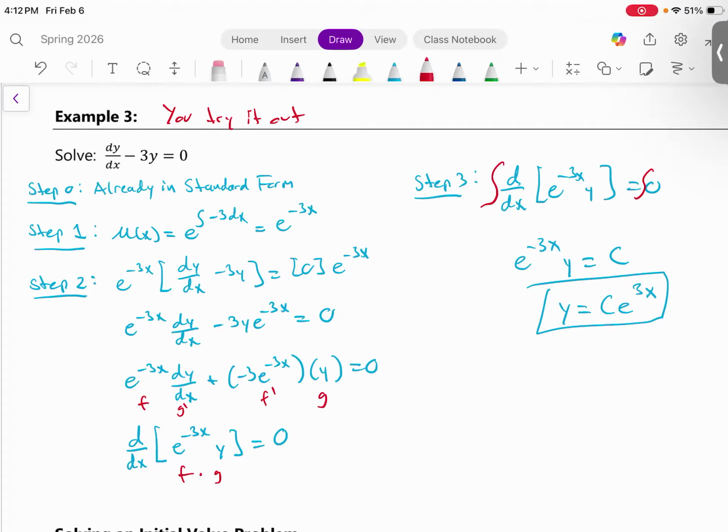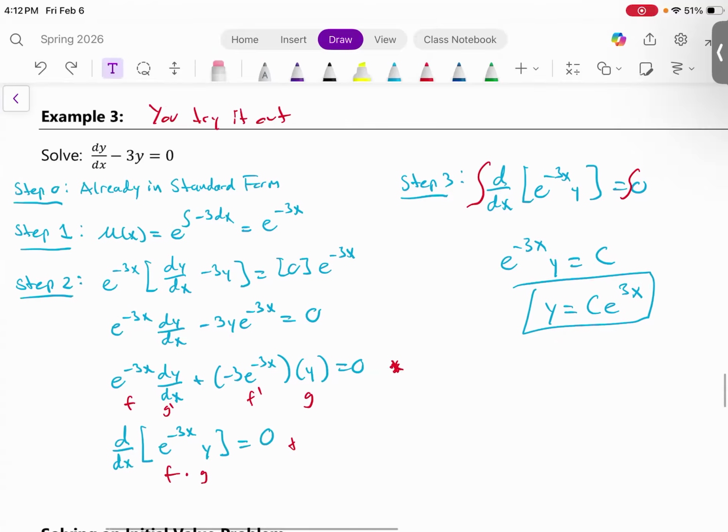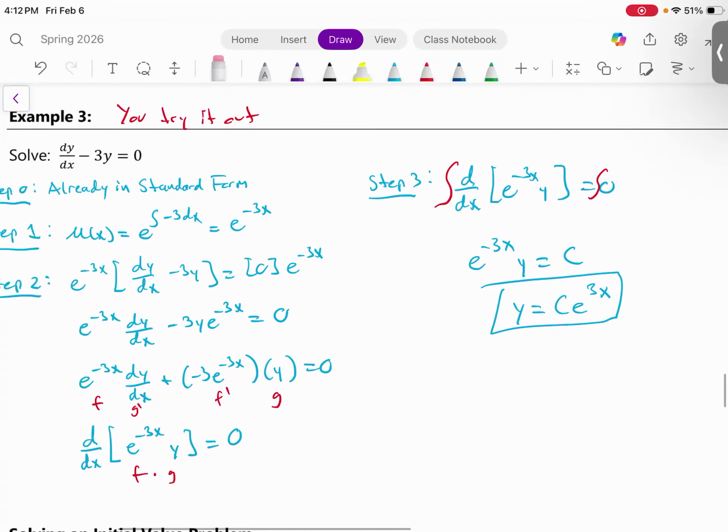In step 2, we multiply e to the negative 3x on both sides, and we can recognize that we're going to have the derivative of a product. And so we can write it as d over dx, e to the negative 3x times y equals 0. And so we take the integral of this setup.